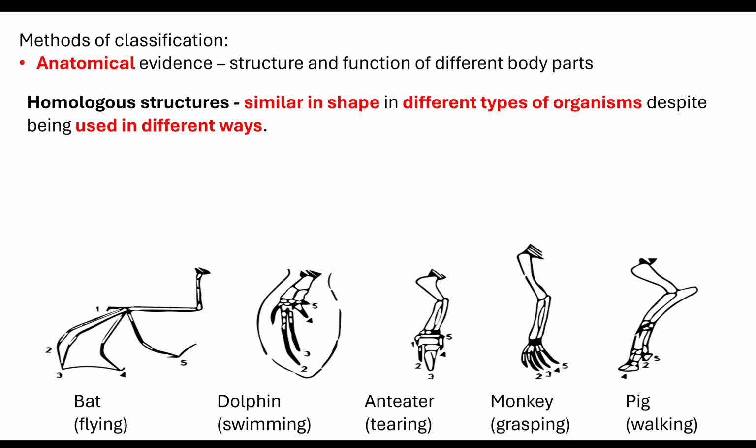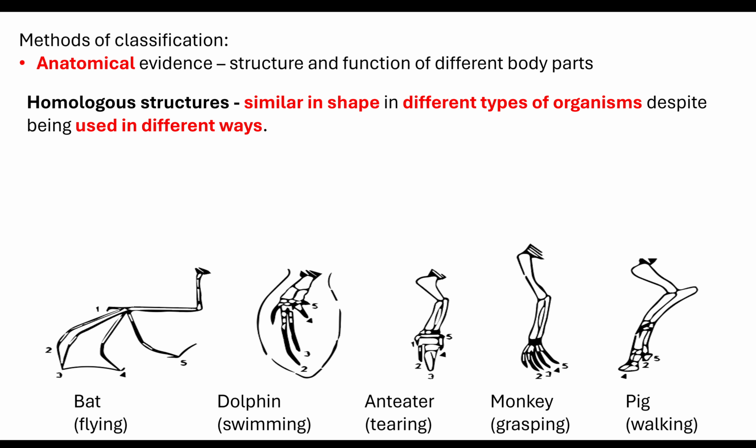They are found in different types of organisms, and all of them have the same bone structure, the pentadactyl limb. However, they are used in different ways. You have your humerus, your radius, your ulna, and then your carpals, metacarpals and phalanges, but they are formed differently depending on how they are used.